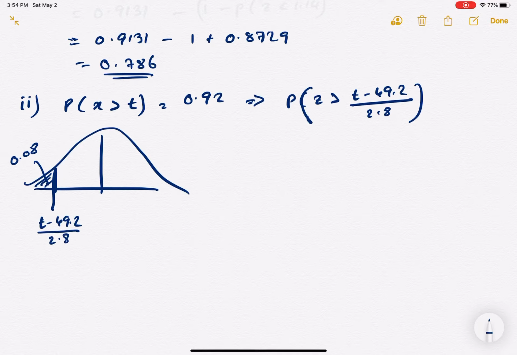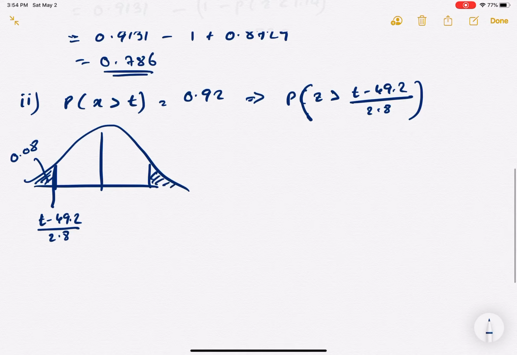You know the normal distribution is always symmetrical about the mean. Therefore, the mirror image of this one is 49.2 minus t over 2.8.